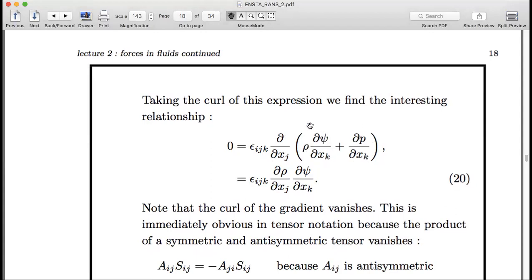But we have a similar term that's going to arise here, because we have derivatives here, so we use what in English is the product rule.